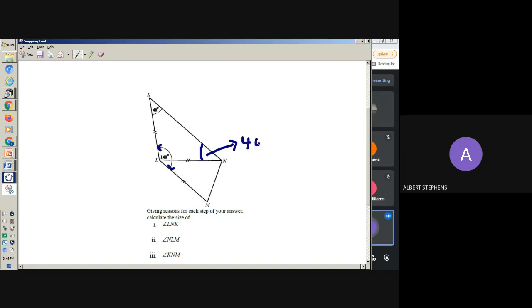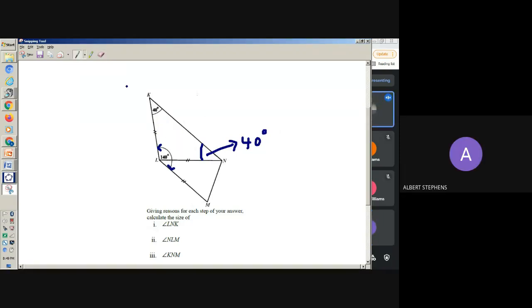Why is it 40? Because it's an isosceles triangle, sir. Right. Very good. And as you can see, if you do the same thing, class, see it? So if this is 40, then this must be 40. Very good.